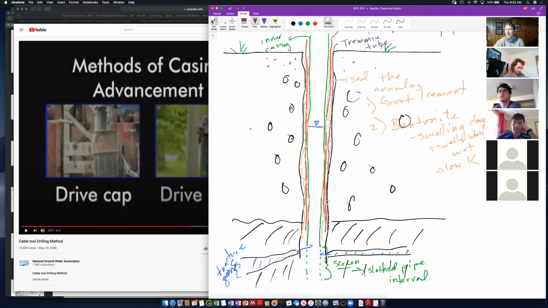And tremie is both a verb and a noun. We might say, yeah, we'll tremie the hole from 10 to 15 meters or something like that. That means we're going to run a tube down and tremie the annulus, or pour concrete in the annulus.